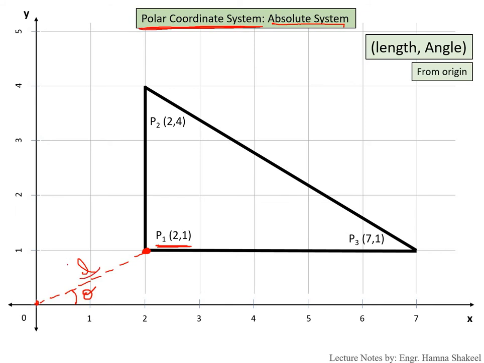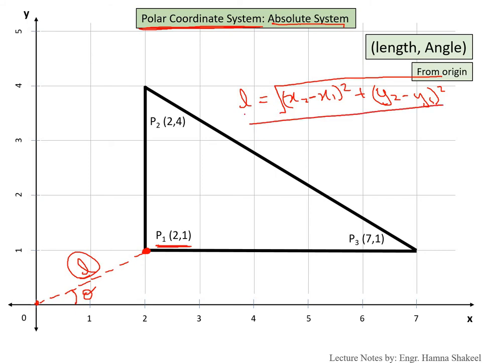To find the length, you can use the formula square root of (x2 minus x1) square plus (y2 minus y1) square. This is the formula to find the length of the line when the coordinates are given.